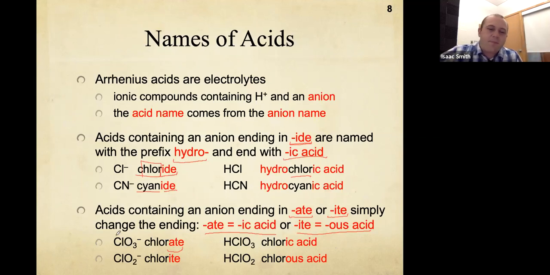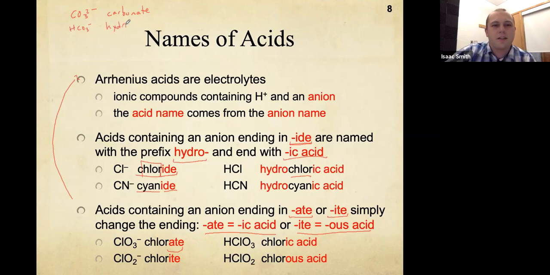One thing I wanted to note here is that it only becomes an acid when there's no charge on it. So for example, let's take CO3 2 minus. This is called carbonate. And if we had HCO3 minus, we've learned that this is called hydrogen carbonate, or you could call it bicarbonate.